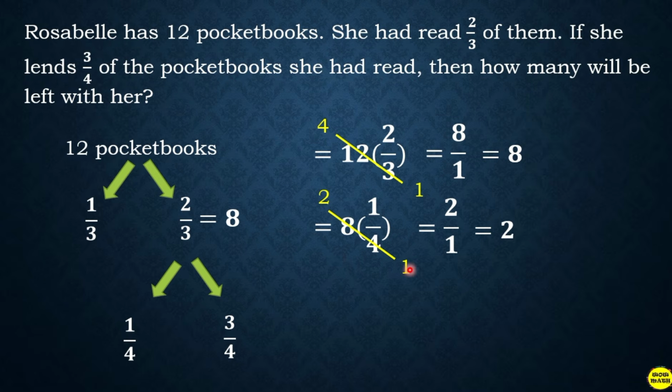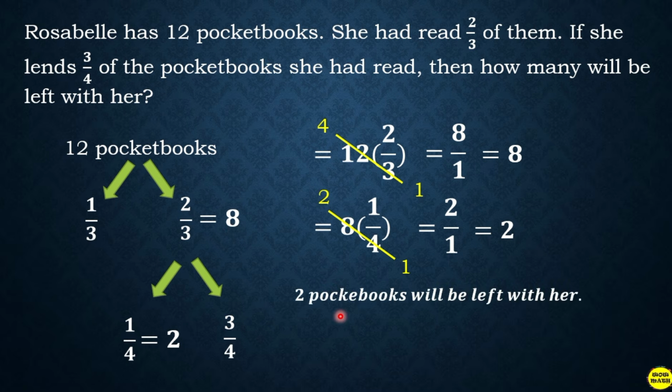And then 1. Okay? So, we have 2. So, therefore, yung 1/4 na natira sa kanya, that is 2. Okay? So, dalawa yung natira sa kanya out of 8 dun sa mga nabasa niya. Okay? And that is, so the answer is, 2 pocketbooks will be left with her.